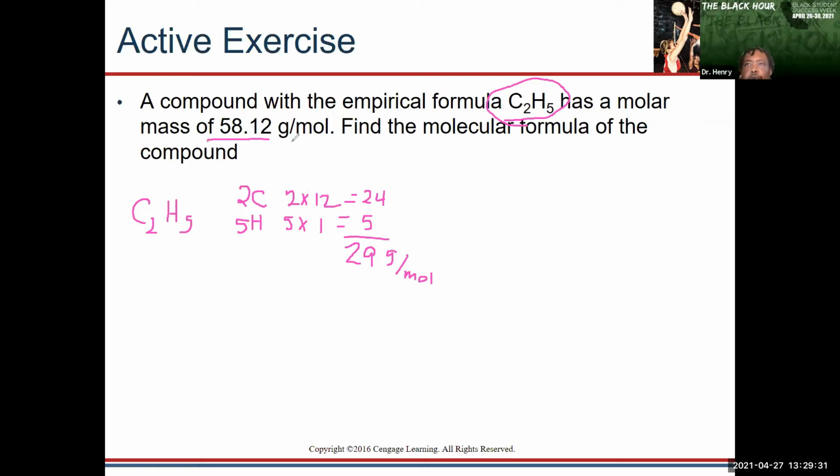We take this mass, which represents the mass of the molecule we're looking at, 58.12 grams per mole, and divide it by the mass of the empirical formula, 29 grams per mole.